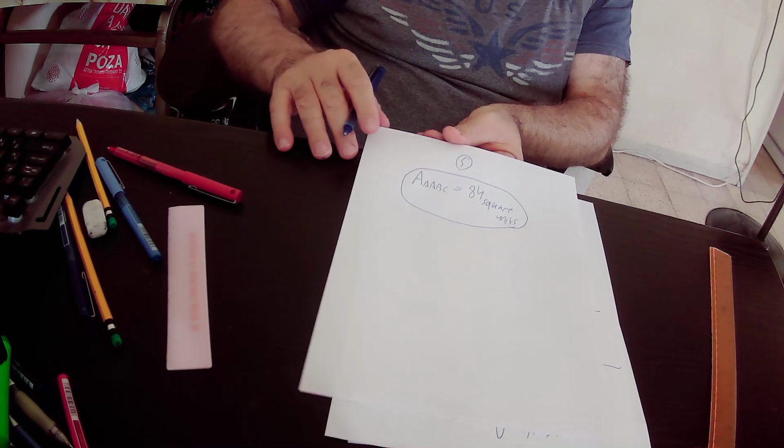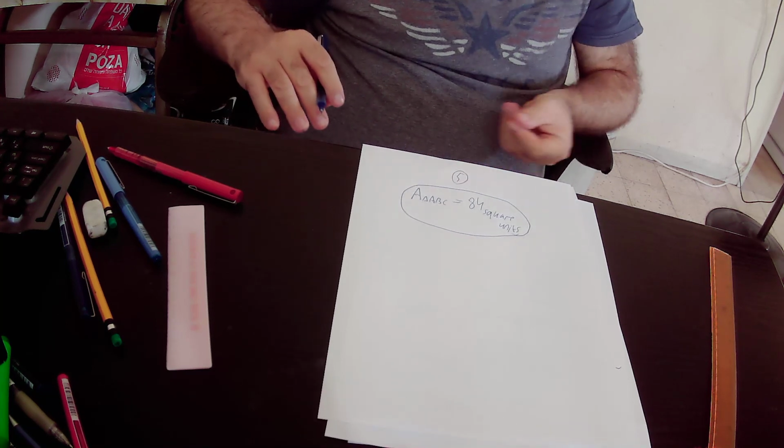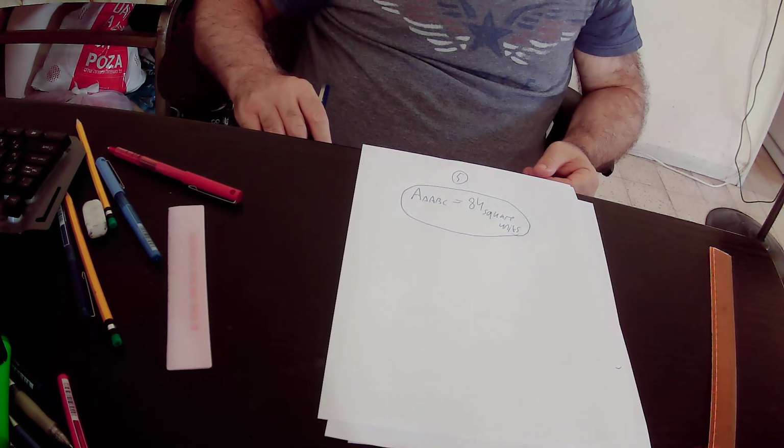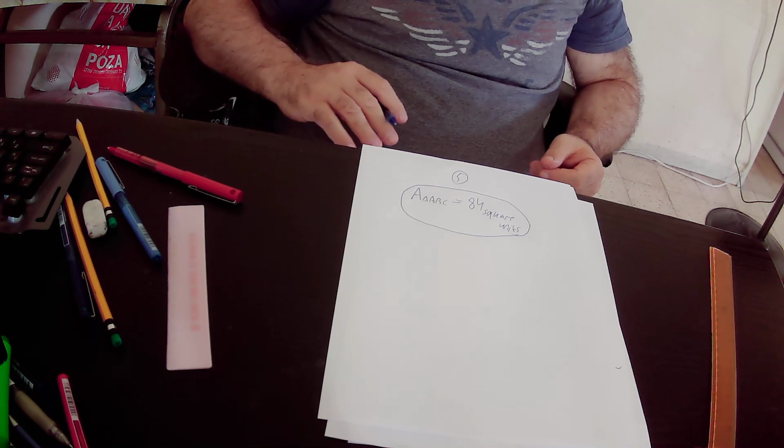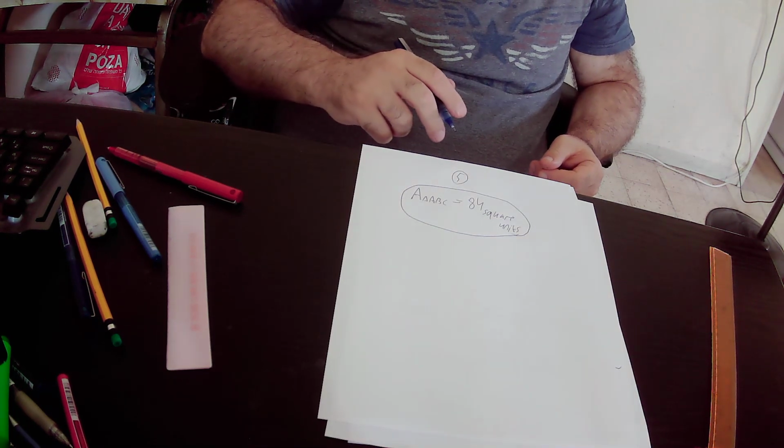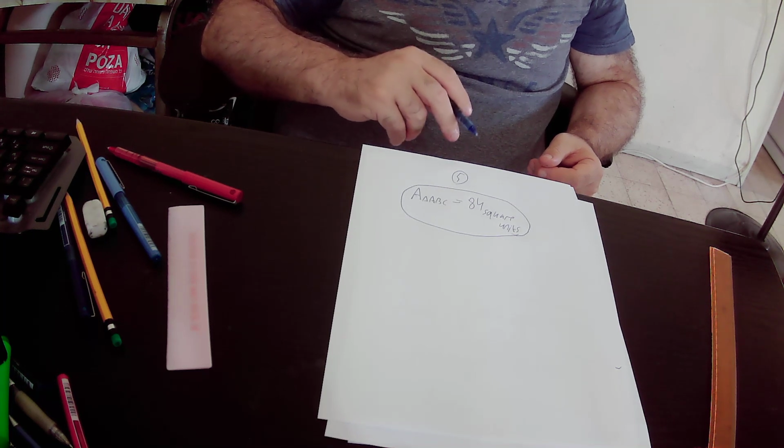Again, the area of our triangle ABC equals, according to the new formula, 84 square units.